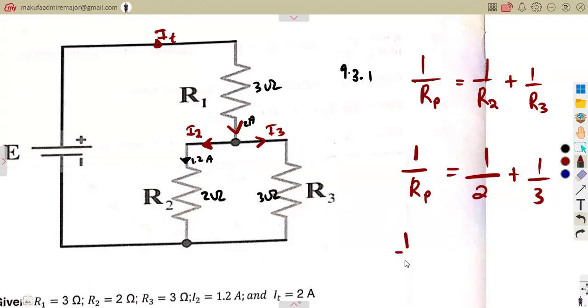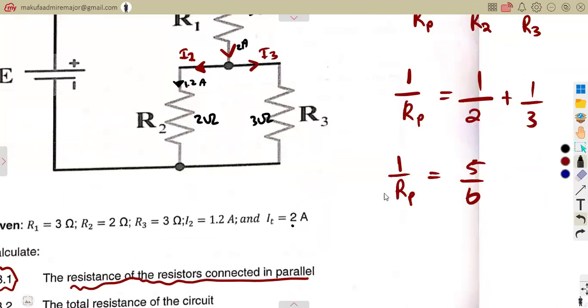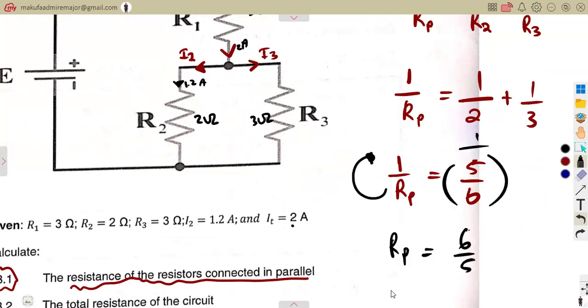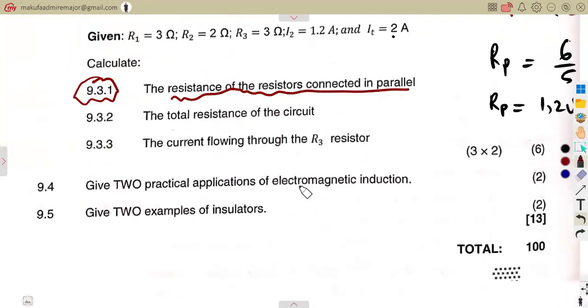If we add this on your calculator, that is going to be 5 over 6. So how do you find Rp, which is the resistance? Just find the reciprocal of this. Just divide 1 over this. That's the reciprocal, so it's going to be 6 over 5. That is the parallel resistance, which is 1,2 ohms. So in parallel, our resistance was 1,2.